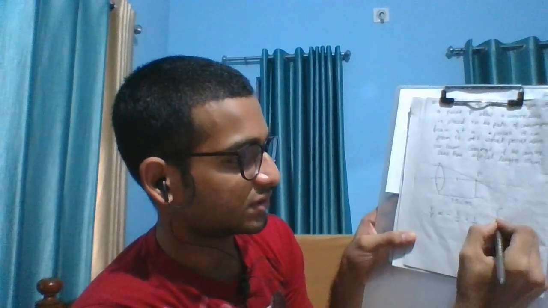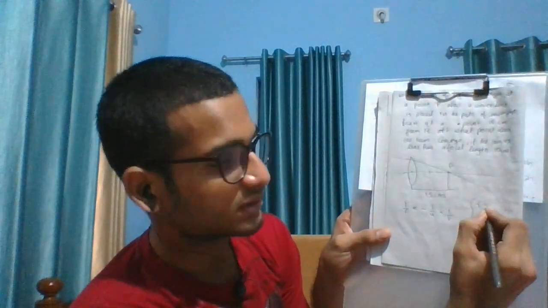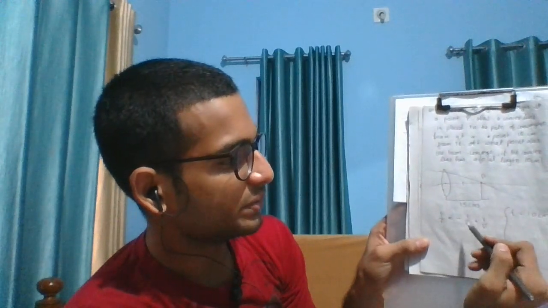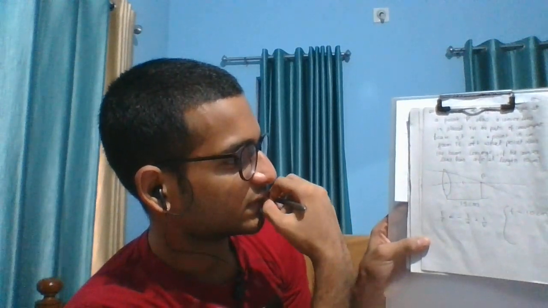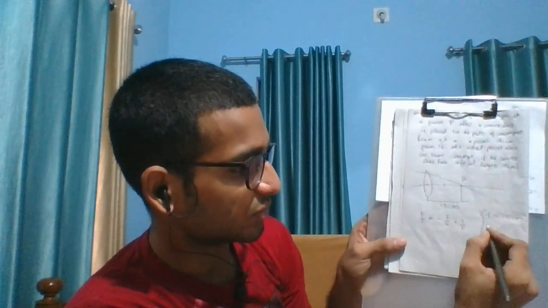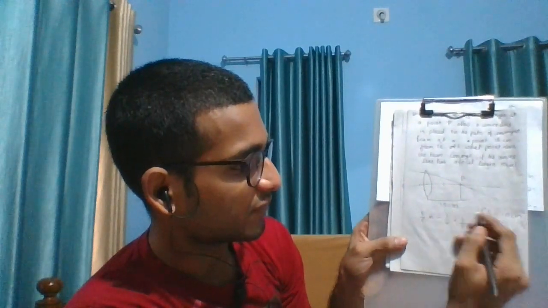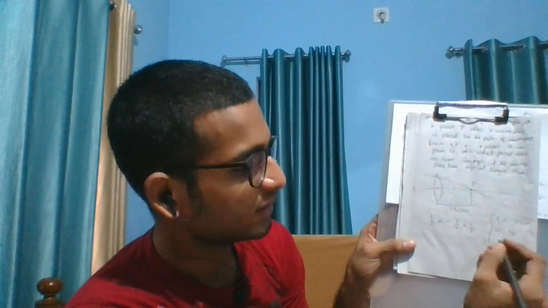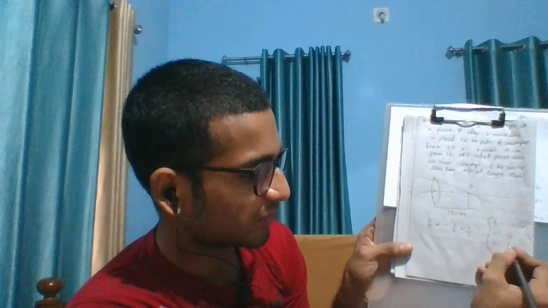The focal length is f equals 10 centimeter, and u is the object distance from the lens, which is 15 centimeter. Note that the object is to the right of the lens, so we will take the positive sign. v is unknown, we have to find v.